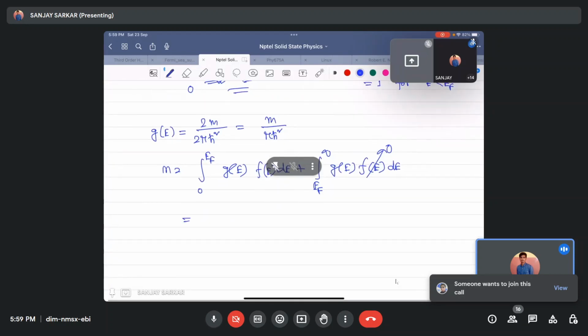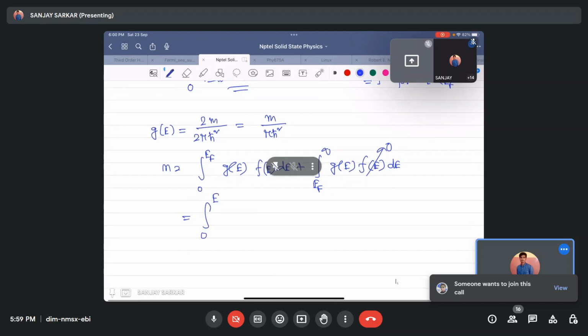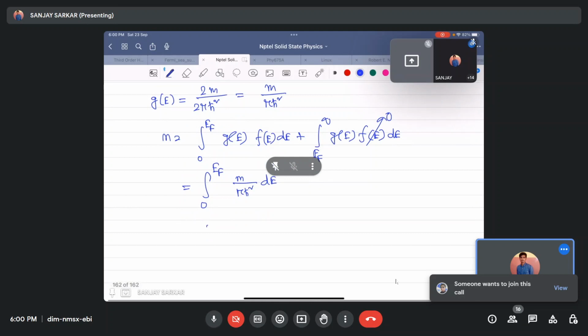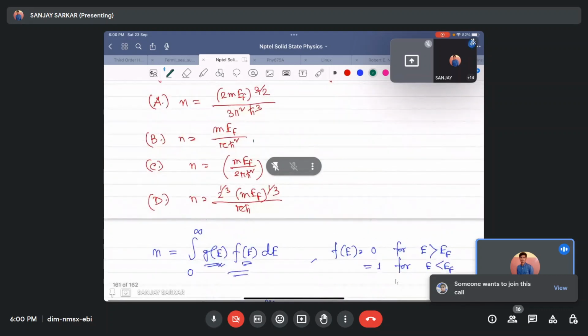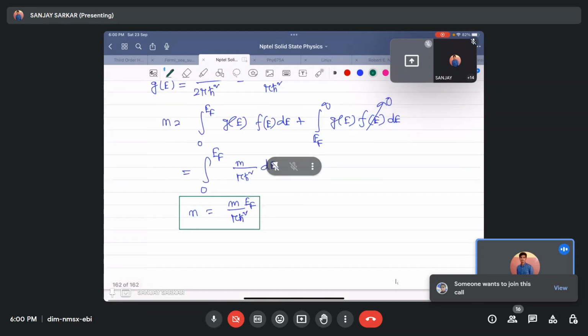So you are only left with this part. Now G(E) is m by pi h bar square, and the other parts are constant, and you have the integration of dE, which will give us EF. So you can see that n will be mEF by pi h bar square. That is option B, the correct answer.